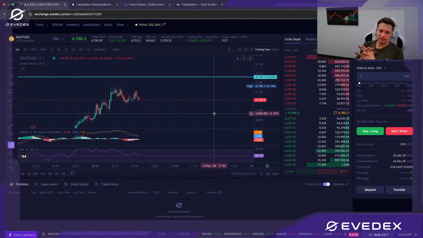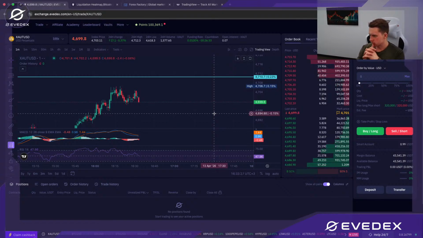We want that price to be coming up to that resistance level, and then we would most likely get a trade off of that. Strength index seems to be pretty okay. We're not in the buy or sell zone currently.